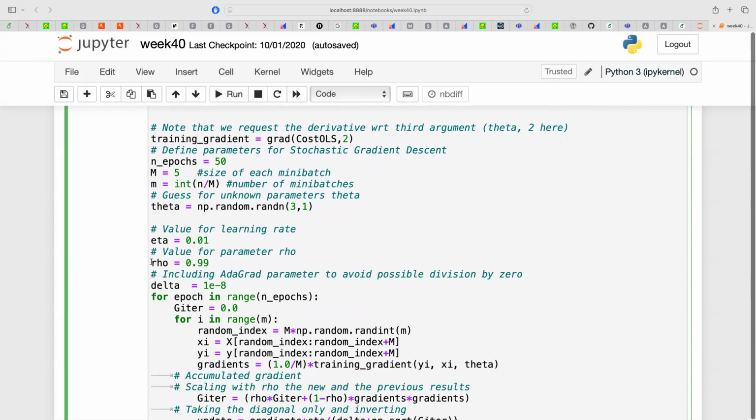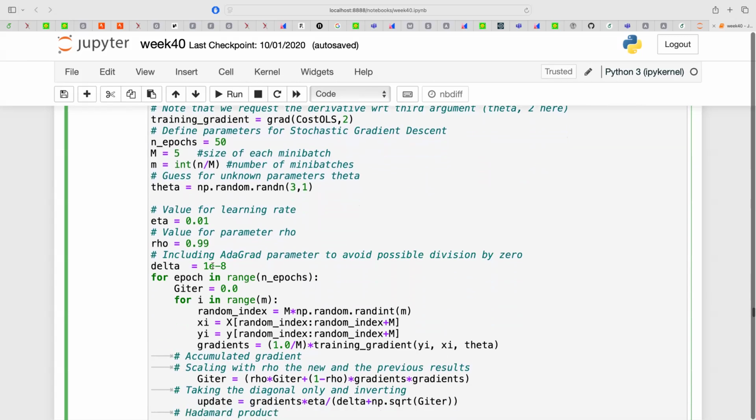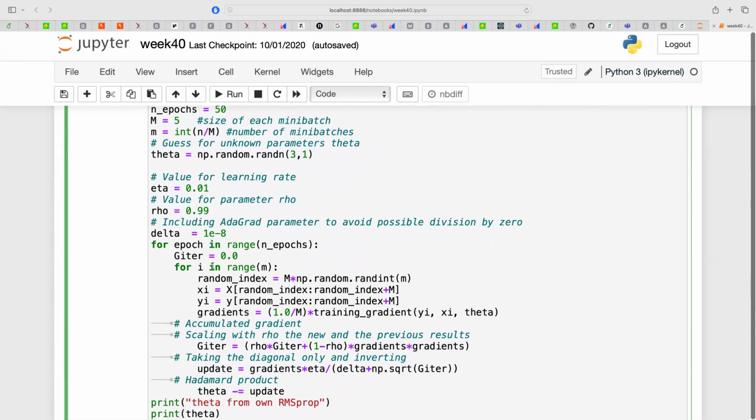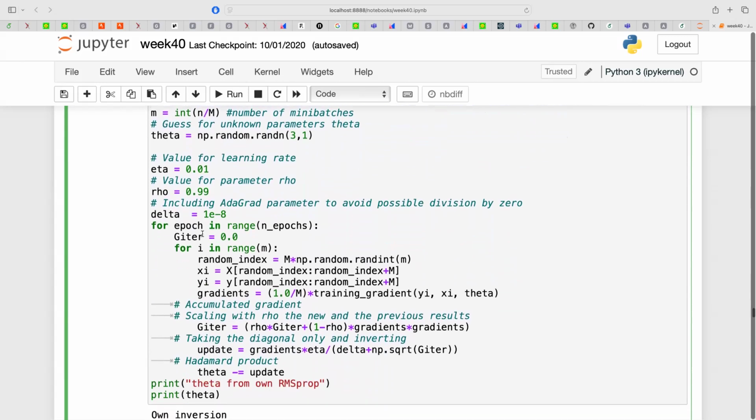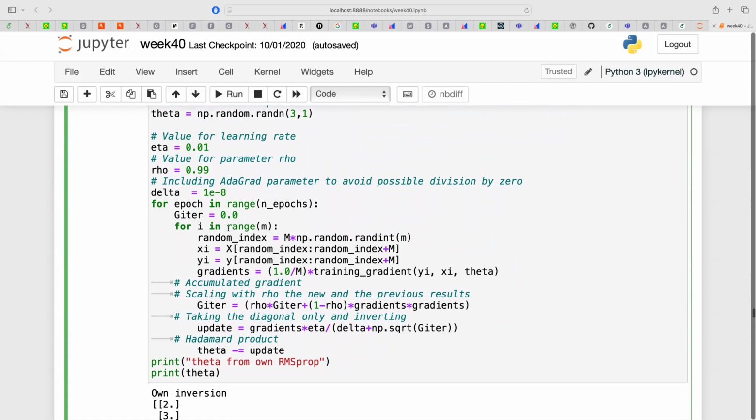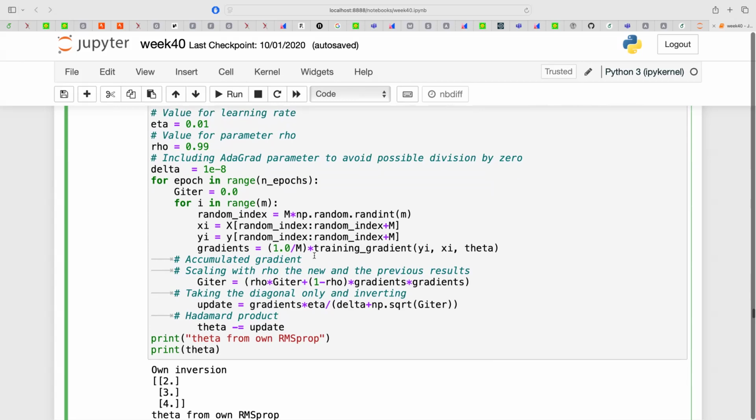I specify this rho, and I also take this delta, which is set there to avoid problems in case the accumulated gradient is 0 or a very small number. Then I shuffle my values and I calculate the initial and final values for the design matrix or the variables there. The same with my y's. And then I calculate the gradient.